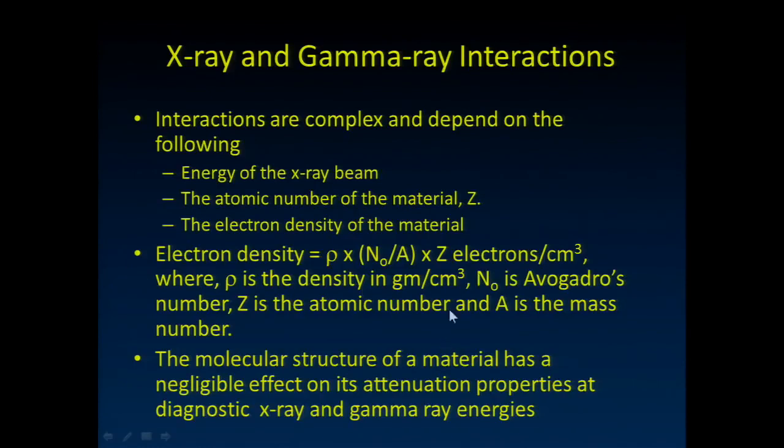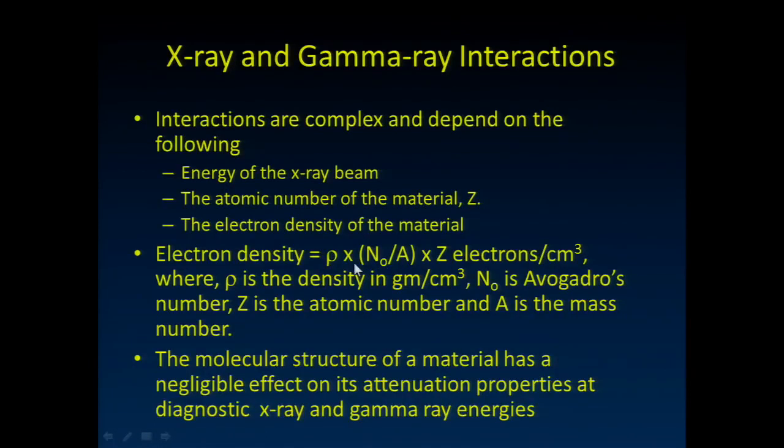This is an equation for electron density. Remember, this is just density, so that's the amount of grams per cubic centimeter. This is Avogadro's number, so that tells you how many atoms there are per gram. This is the atomic number, that tells you how many grams there are per mole. So when you cancel these things out here, you've got the number of atoms per mole, and so now multiplied by the grams per cubic centimeter.